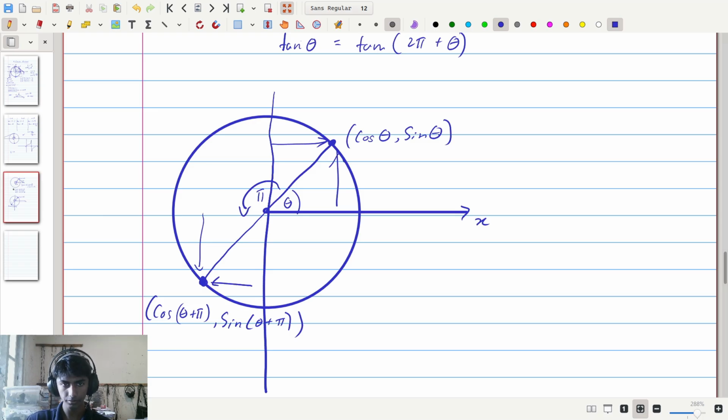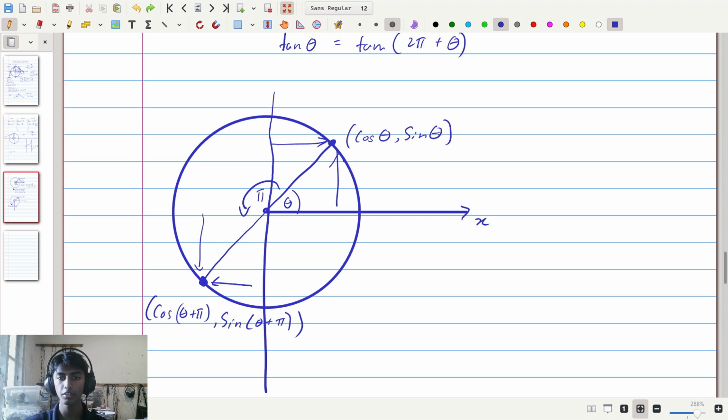However, they are now in opposite directions. What does this mean for us? It means that the cosine value and sine value of this second point are exactly opposite, negative of the original sine and cosine values.